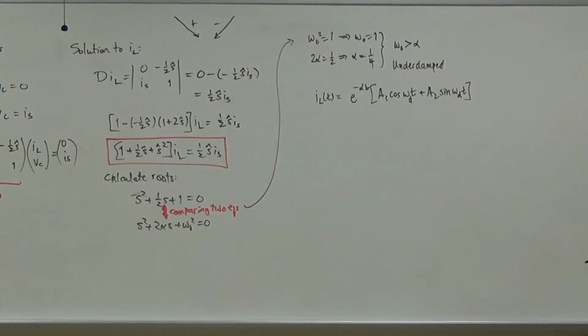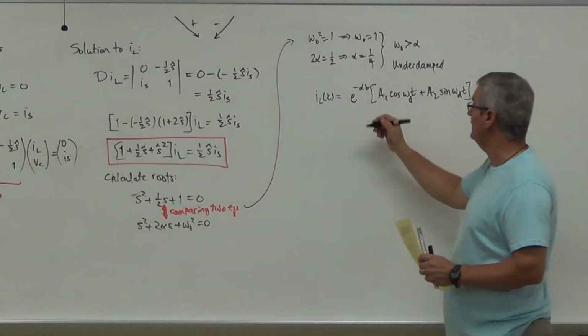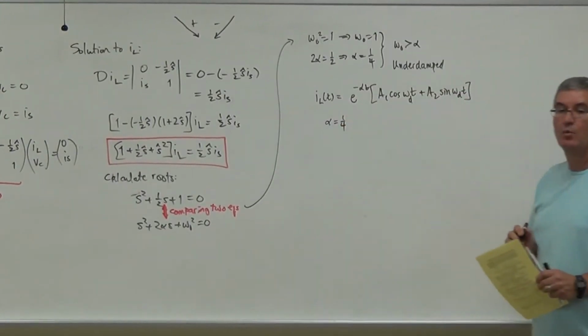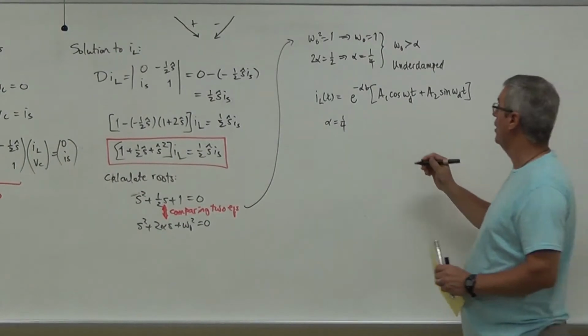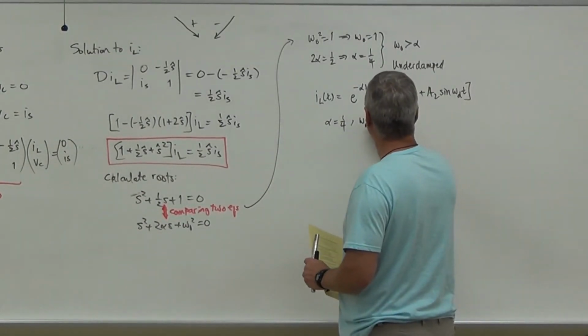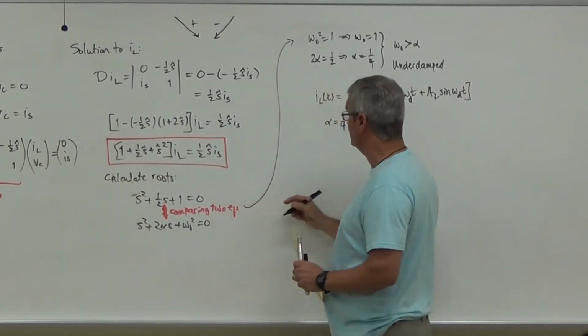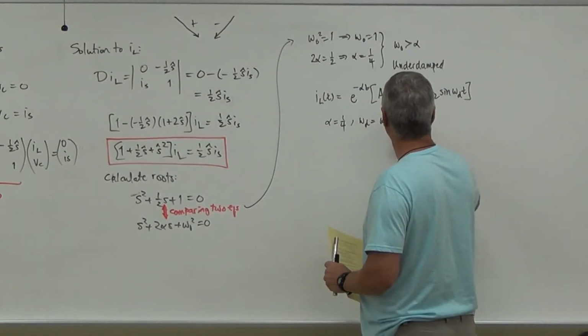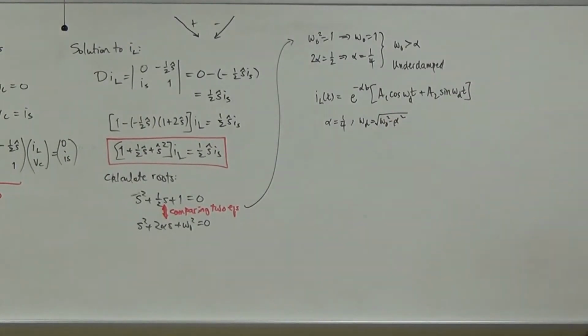Okay, so what's alpha in my solution? Well, alpha is equal to 1/4. What is omega d? Omega d, from what we talked about earlier, is the term that reads square root of omega naught squared minus alpha squared. So I gotta get those two things here.